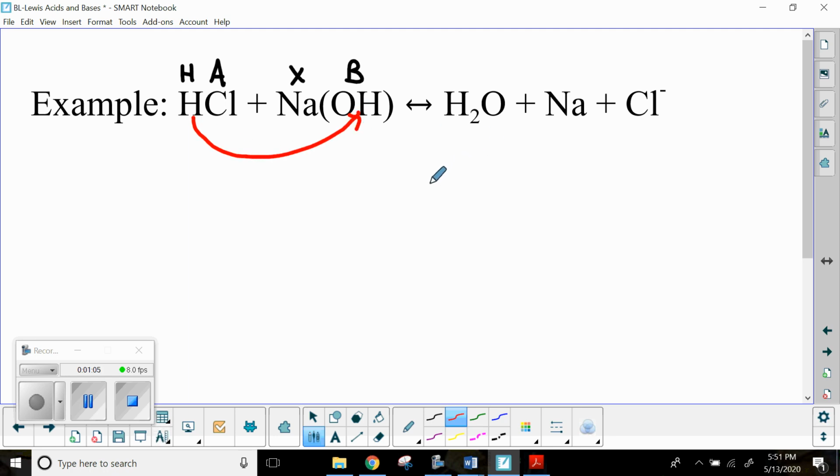And because hydrogen only has one proton, we say that the hydrogen is donating its proton to the OH, hence making your hydrogen with your base attached to it, and it now has an extra proton. That's why we put the plus there.